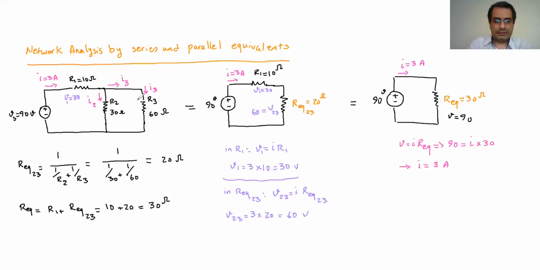So the voltage in these two is the same as the voltage in the equivalent one. So here, V2 is 60, and the same here, V3 is also 60 because these two are parallel. Their voltage is the same as the equivalent one. And then if I come here and write for this one, I will write it down here.